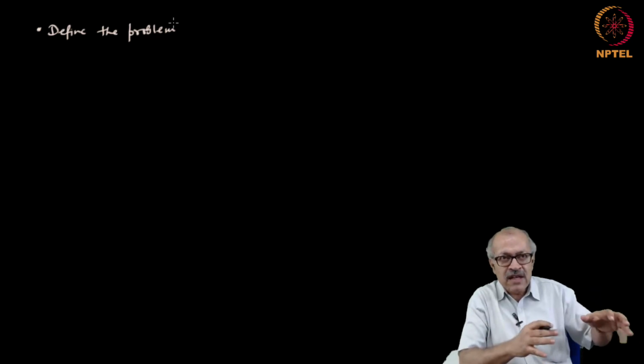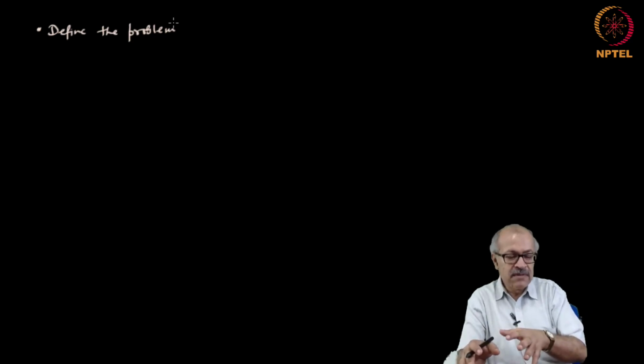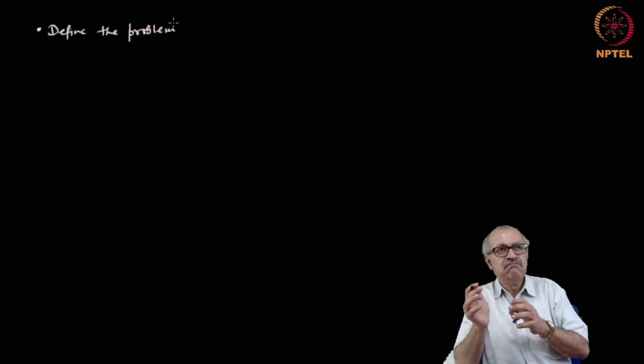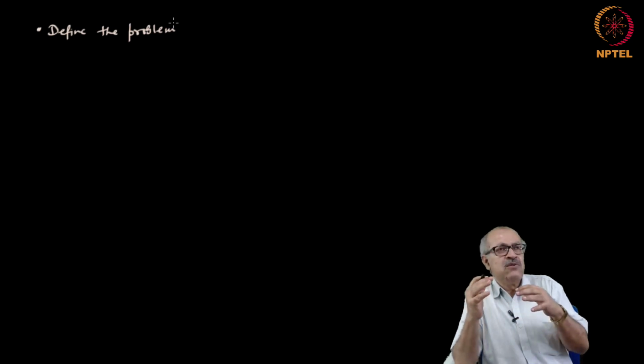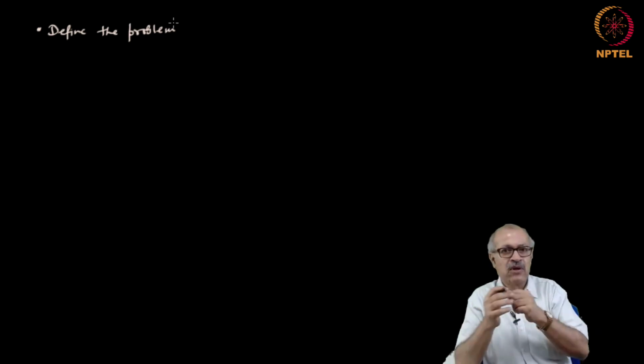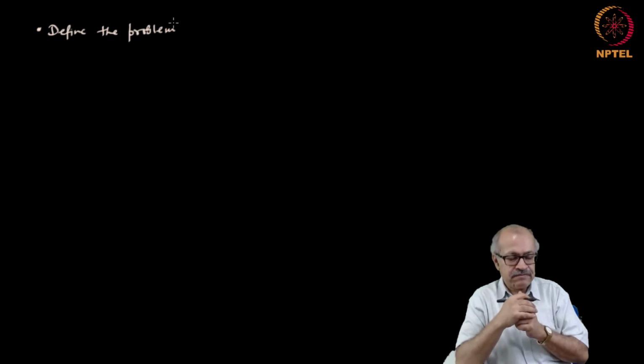Apart from the variables there would be the parameters of the system, these have to be identified, and then to decide what the model aims to achieve, and accordingly the model has to be formulated.